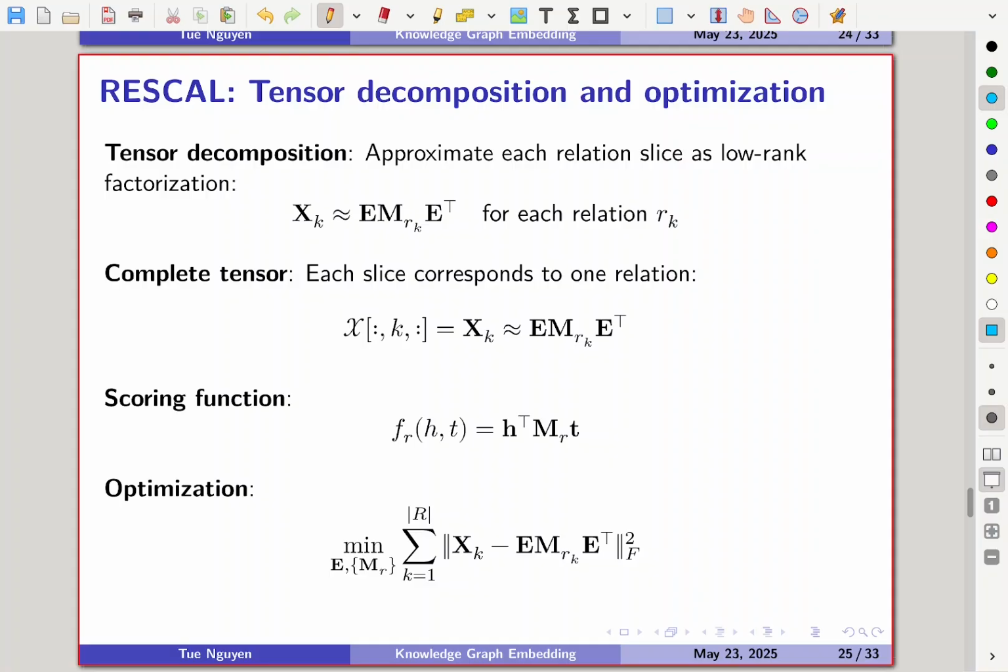The way RESCAL learns the embedding is that it approximates each relation with the low rank factorization here. So this is the scoring function, and basically it means that if I multiply the head by the matrix and then take the dot product with the tail, I should get high values because they should be similar. And the optimization process is to minimize the distance between the original tensor and the low rank representation.